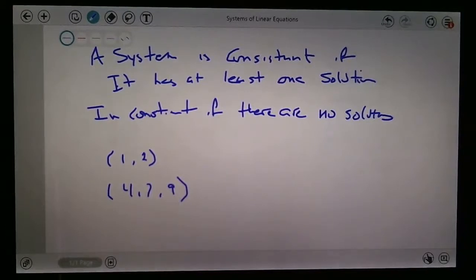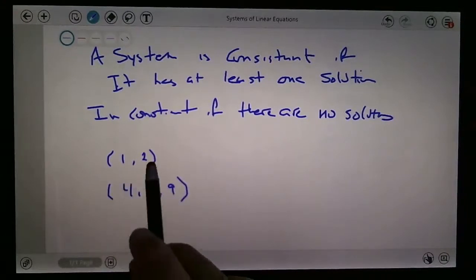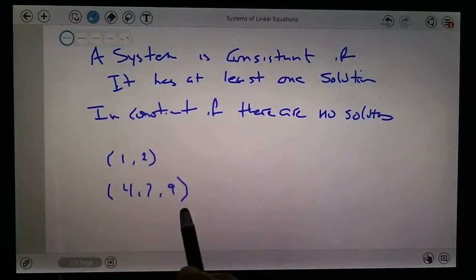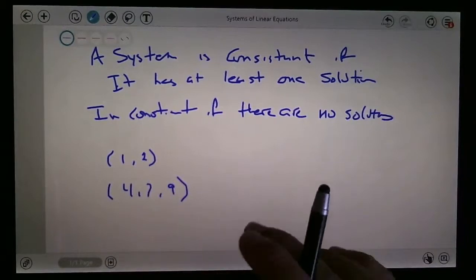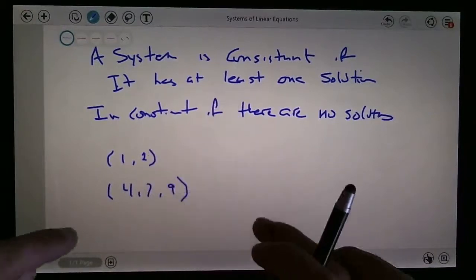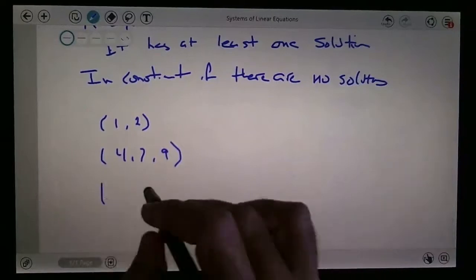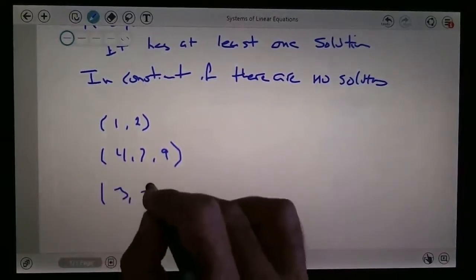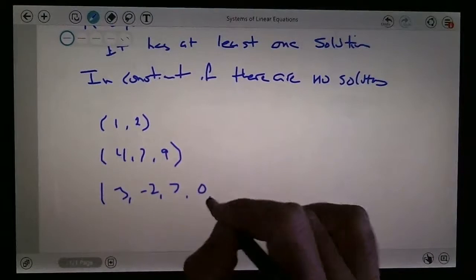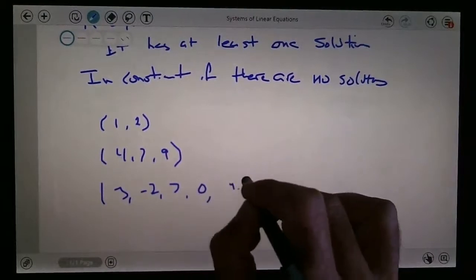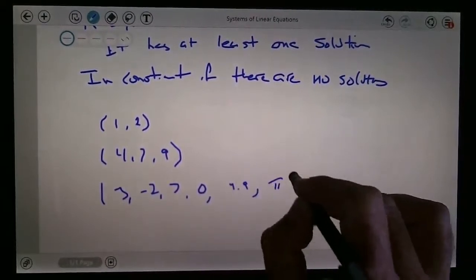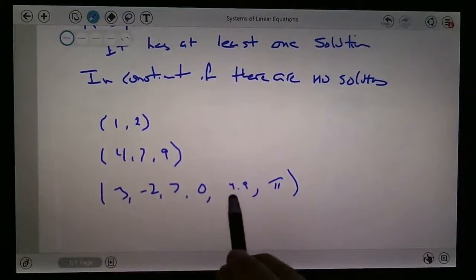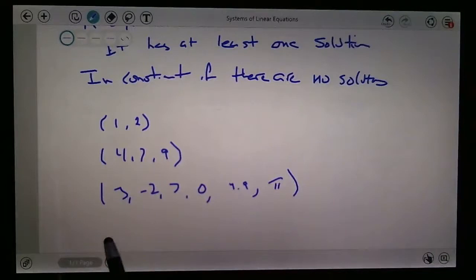This is familiar to you, I hope, and that this is the way we describe coordinates in the xy plane or in xyz space. But where this is an ordered pair or an ordered triple, we might have something that's got all kinds of numbers in it. 3, comma, -2, comma, 7, comma, 0, comma, 4.9, comma, pi. So this has 1, 2, 3, 4, 5, 6 different values in it. It's an ordered 6-tuple.